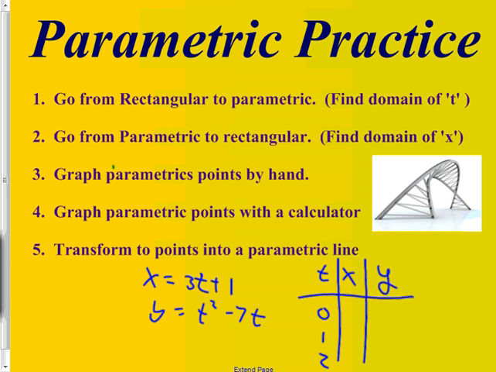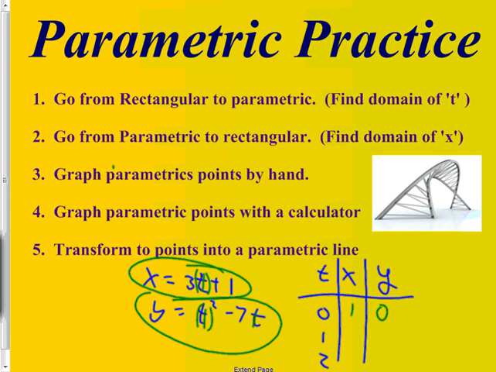So here's some points. If I stick in 0 as time, then I'm going to get 2 things, an x and a y. If I put in 0 here, I get x is 1. If I put in 0 here, I get y is 0. Did you get 1, 0? Good. If I put in 1 on this equation and a 1 on this equation, I get 3 times 1 is 3 plus 1 is 4.